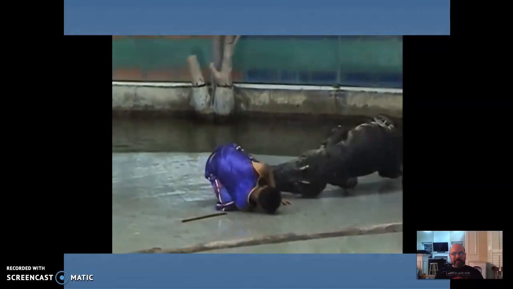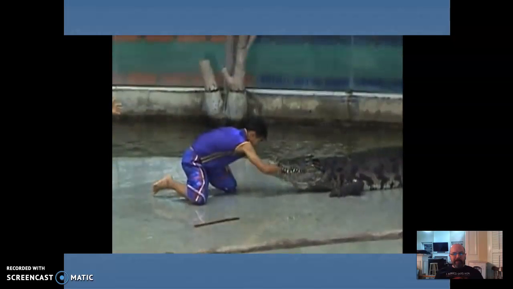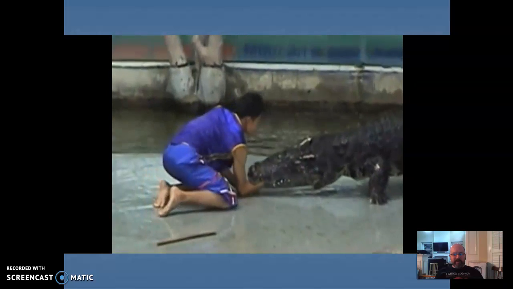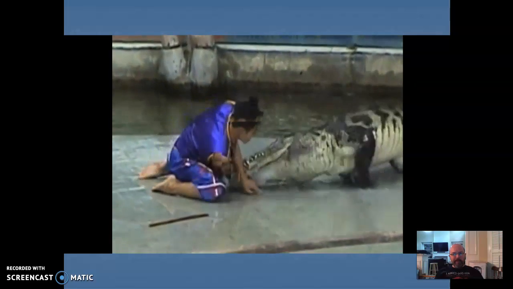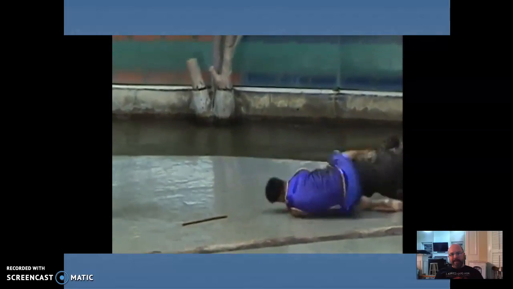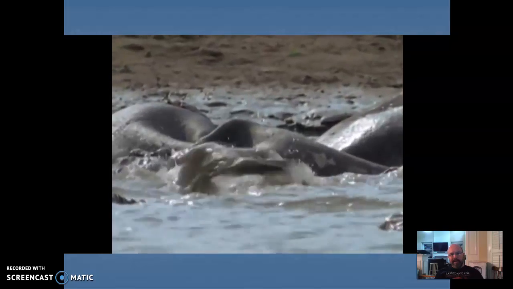And this is where he spins. If you'll notice, the crocodile is spinning a lot more than the guy, which means his arm is getting twisted. Pretty gruesome. This would normally mean that the limb was ripped off.